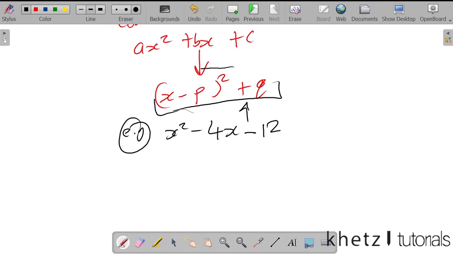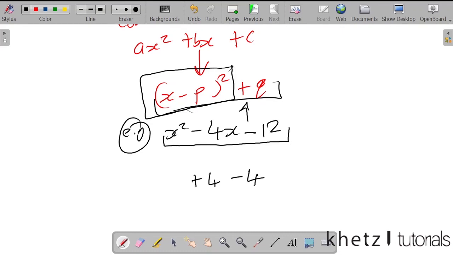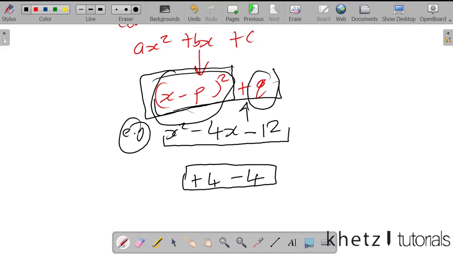You first aim to complete this square. But if you complete that square, you'd actually change this formula over here. If you change something, you have to fix it. So if I add 4, I also have to subtract 4 to cancel the effect of whatever I've done. But in the end, I'll have a square part and this factor part over here.